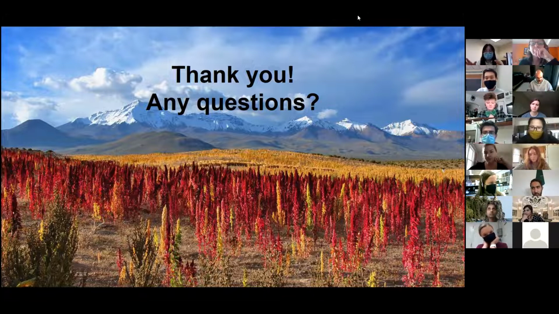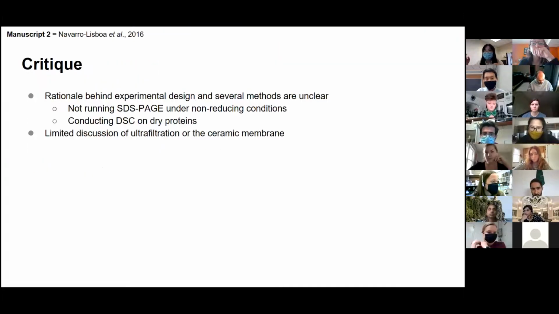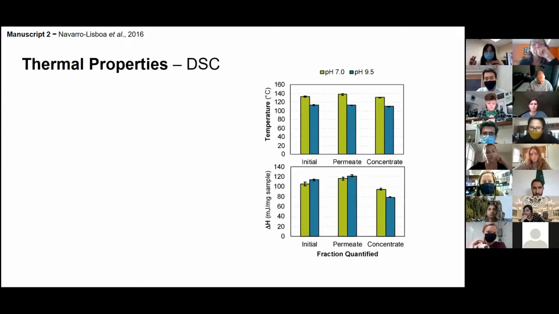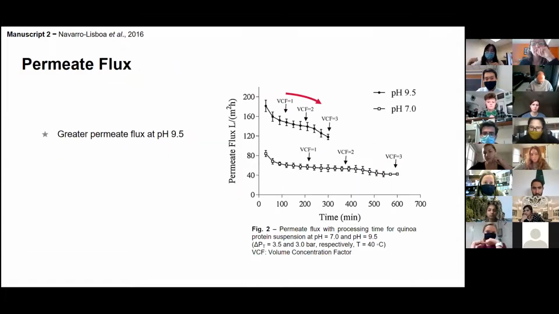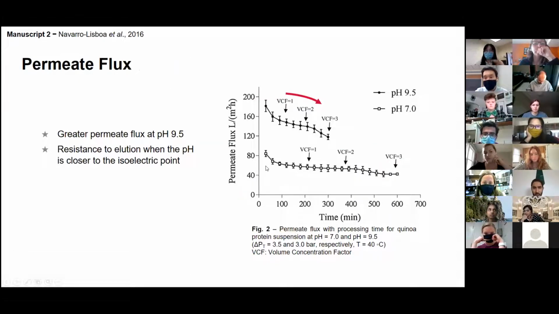So at pH 7, when it's closer to the isoelectric point and maybe a little less soluble, the proteins would clog up the pores, and that's why the permeate flows more slowly. You see a flatter curve at pH 7, and it also took longer for them to get to the same volume concentration factor.